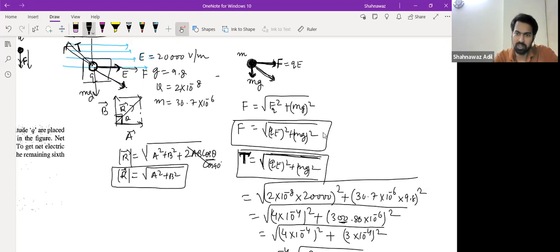This force is equal to, because force is balancing the tension.